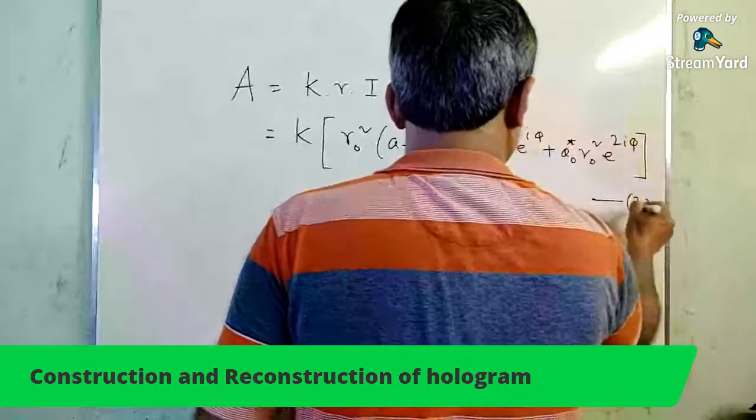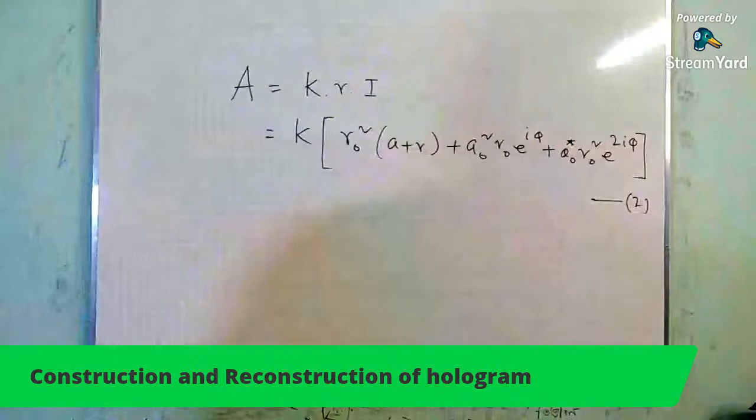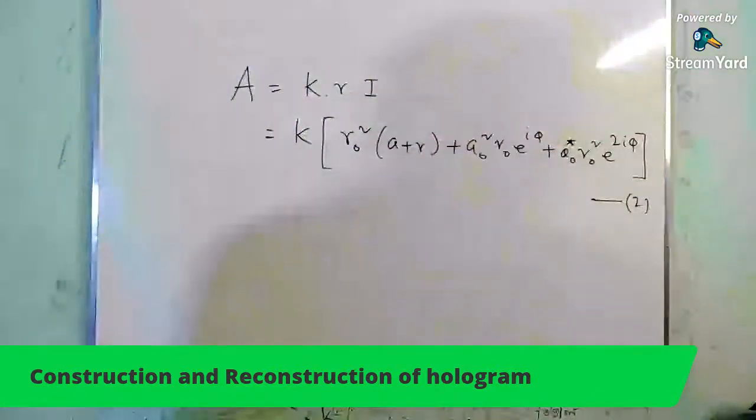It is our equation 2. It is just simple mathematics. We have multiplied small r, that is R0 e to the power i phi, with the capital I found in equation 1.